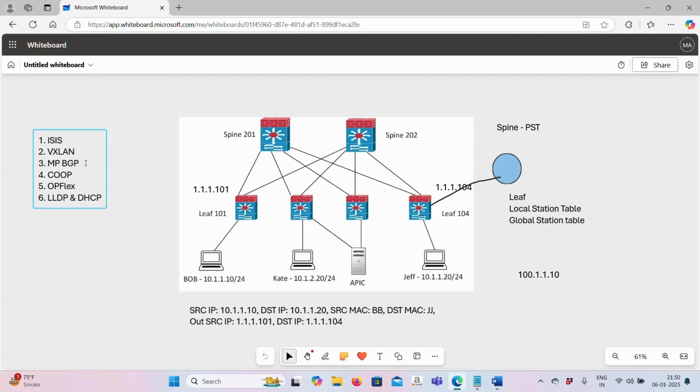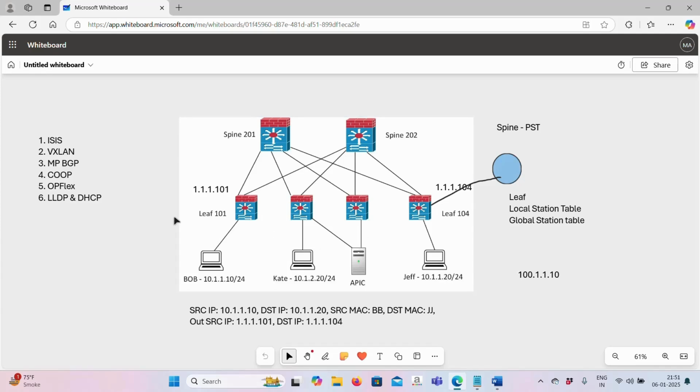The COOP protocol is used for endpoint learning. OpFlex is the OpFlex standard protocol, and it is used for pushing the configurations to your leaf and spine switches. LLDP is specifically for fabric discovery, and DHCP is for assigning the VTEP loopback IP addresses to the leaf and spine switches. So these are the protocols which we are using in the ACI fabric and their requirement, guys.